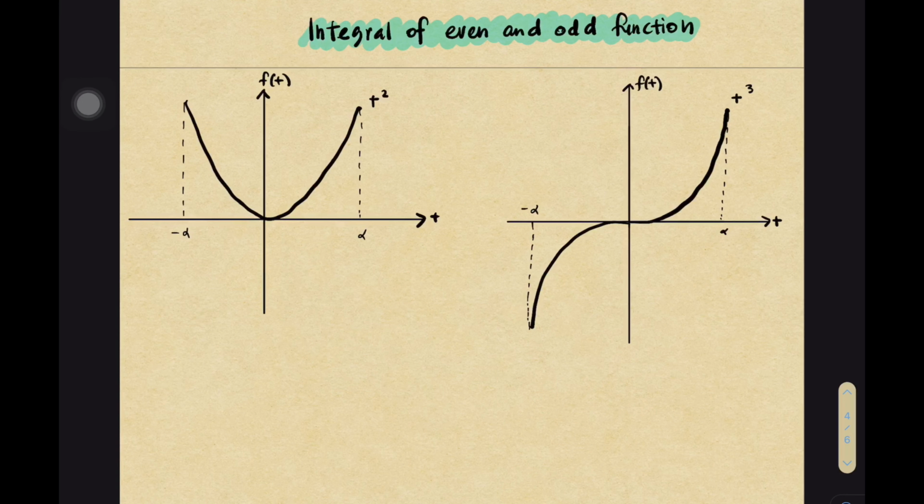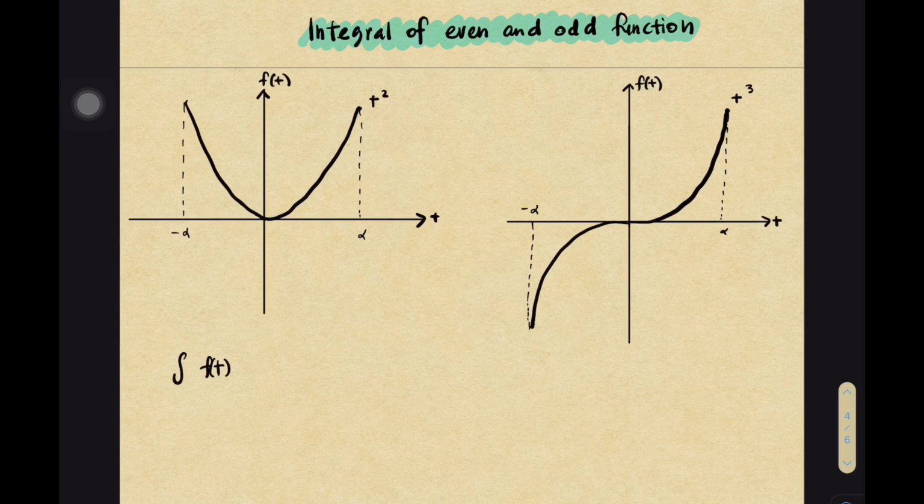Now we want to see the integral of even and odd functions. If you can remember, when we do integration or applications of integration, whenever we are integrating the function f(t), what we get in return is the area under the curve.